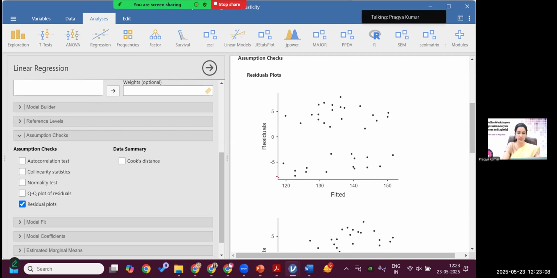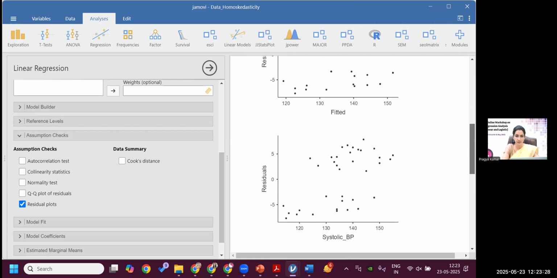Generally, what happens? Here you take it as a 0, but in case of a residual, this 0 is here. So if you have to see the variance, can you appreciate that the variances are approximately the same? If I come to this, it is not making any pattern.